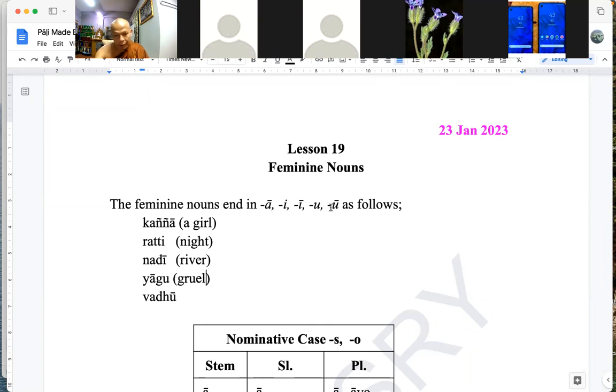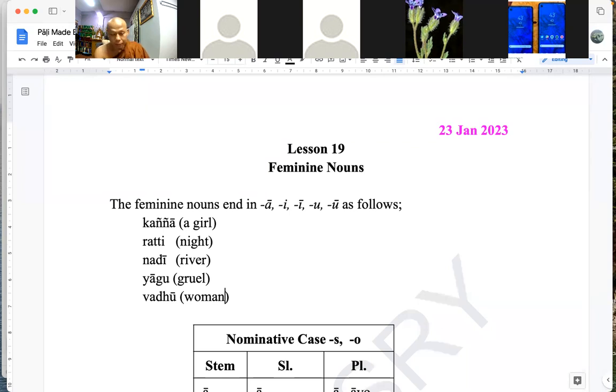And then the last one ending in the U is Vadhu. So Vadhu means old man. Okay, so in feminine gender also, those nouns ending in these vowels are I, U, and so on.